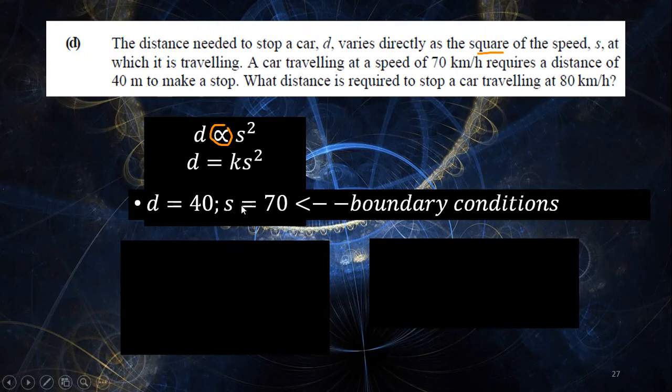Those are the boundary conditions. So when it's 70 kilometers per hour, it means it needs 40 meters to stop. So you're going to replace d with 40 and s with 70. So it looks like this: 40 is equal to k multiplied by 70 squared. Any questions there?